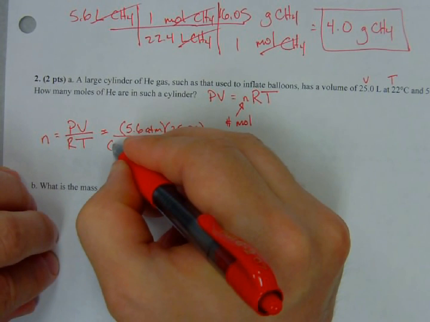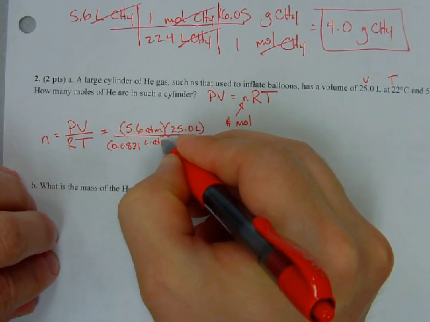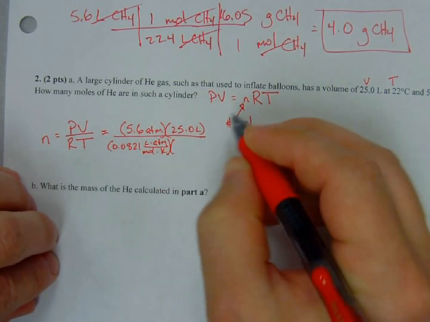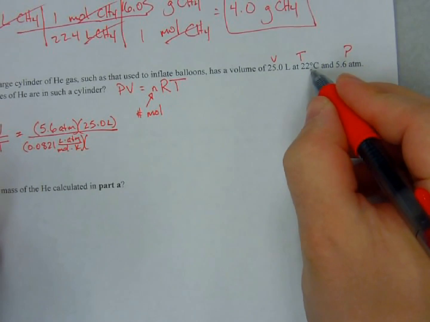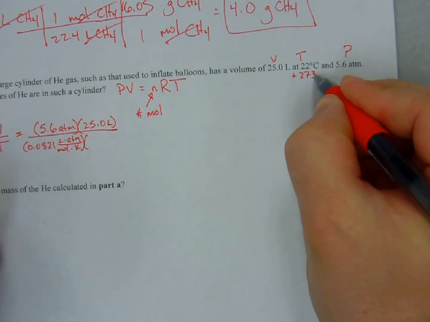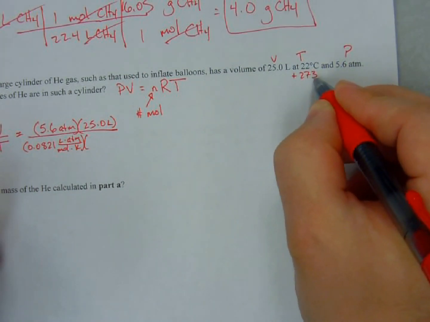Now R is that value that I've memorized at this point, and you should too. My temperature was given to me in degrees Celsius, but this needs to be in kelvins, so I simply add 273.